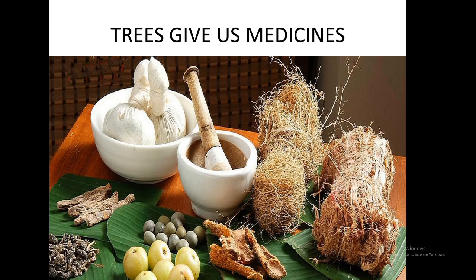Some of them we will dry and use. Mainly these medicines are used for Ayurvedic treatment. Okay, so the trees give us a number of medicines. From these only, afterwards, the extracts in the form of powder are given in allopathy medicines also, in the form of tablets nowadays.